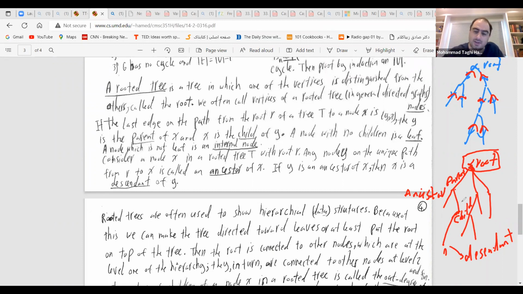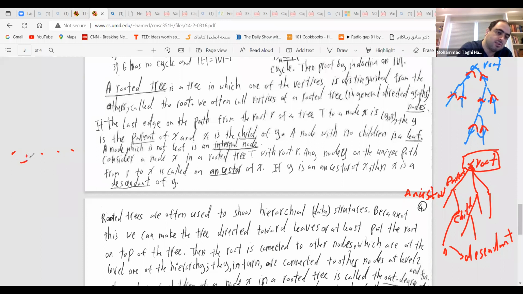These rooted trees are very good because they can represent hierarchical structure. You may consider this is the root, and it has several children. For example, it is called hierarchical clustering. You may consider the whole graph and say each vertex is its own cluster.